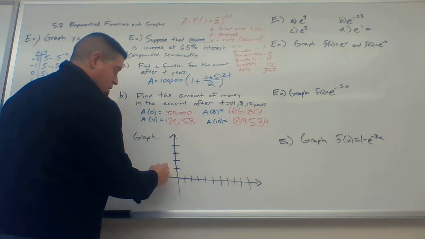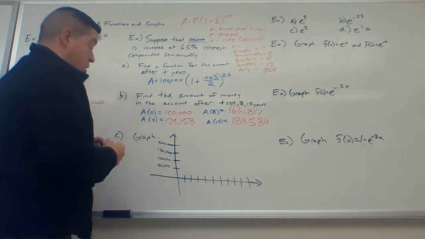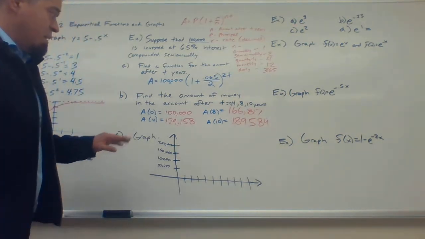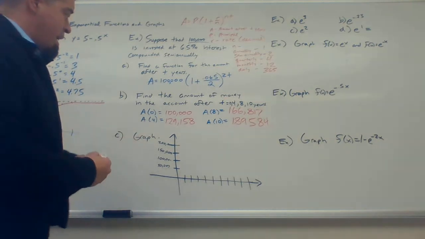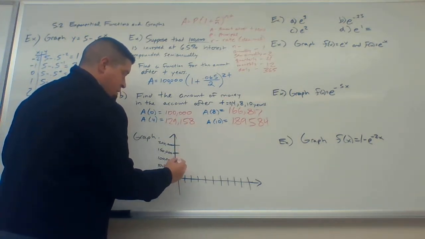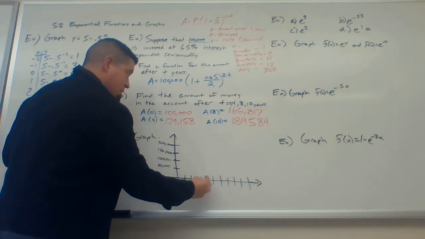Okay. Go ahead and label it 50,000, 100,000, 200,000. Okay, so this said I can graph this as follows: 0, 100,000, first point, 4, 129,000.